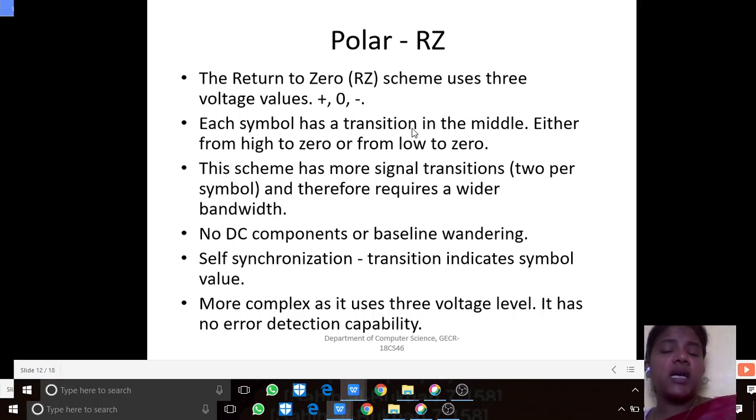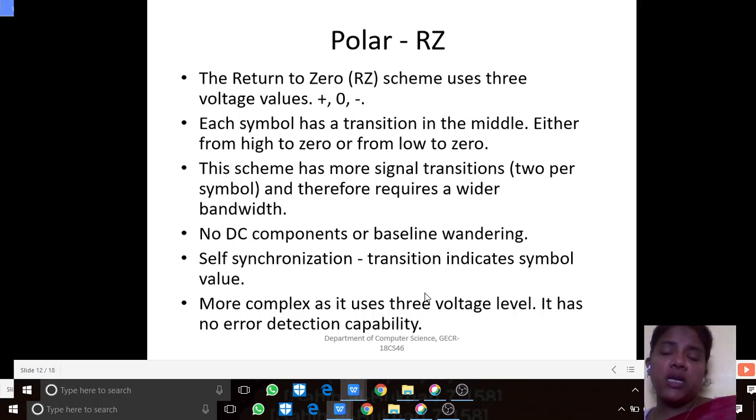Each symbol has a transition in the middle of the data transmission, but every time it returns to 0, hence it is called polar return to zero, either from high to 0 or from low to 0. This scheme has more signal transitions, 2 per symbol, and therefore requires a wider bandwidth. Bandwidth is more. There is no DC component or baseline wandering.